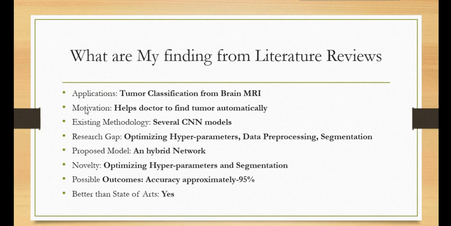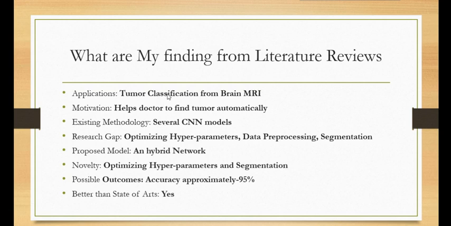So here application, motivation, existing methodologies, and the research gap you will get from the background study, and the proposed model, novelty, possible outcome, and better than state of the art, you will find from your work.